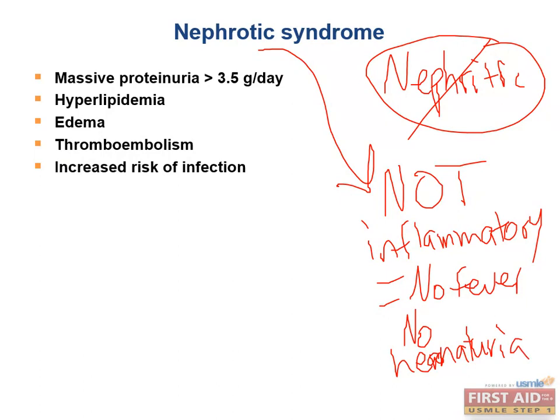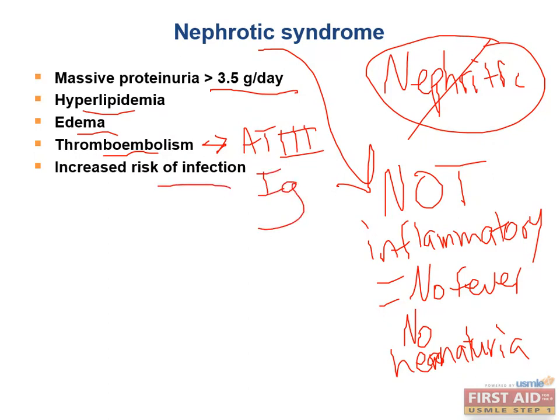Instead, there is massive proteinuria greater than 3.5 grams per day, hyperlipidemia, severe clinical edema, and increased risk for thromboembolism due to urination of antithrombin 3, and increased risk of infection due to urination of immunoglobulins.